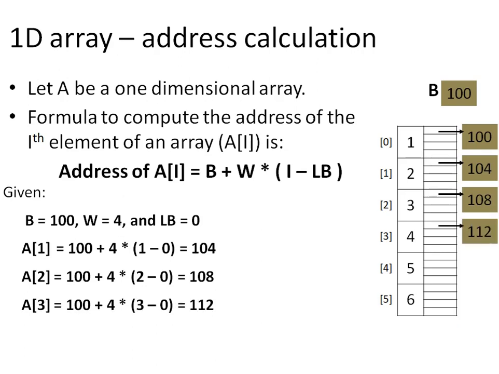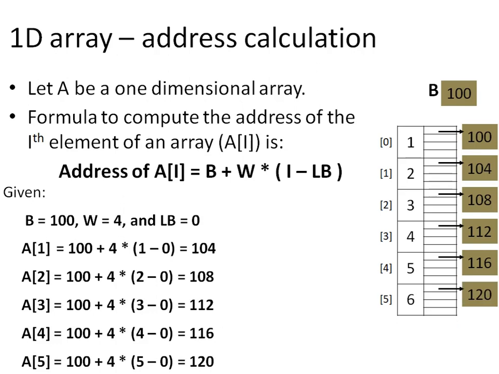We just have to update the index whose address has to be computed. Accordingly, the addresses of the corresponding elements in this example come out to be 104, 108, 112, 116 and 120.